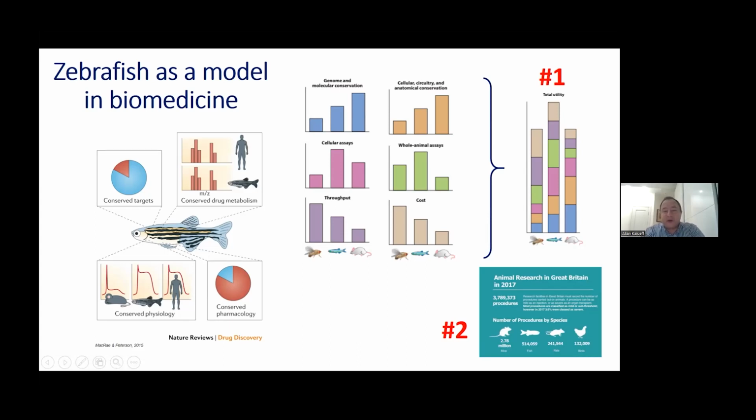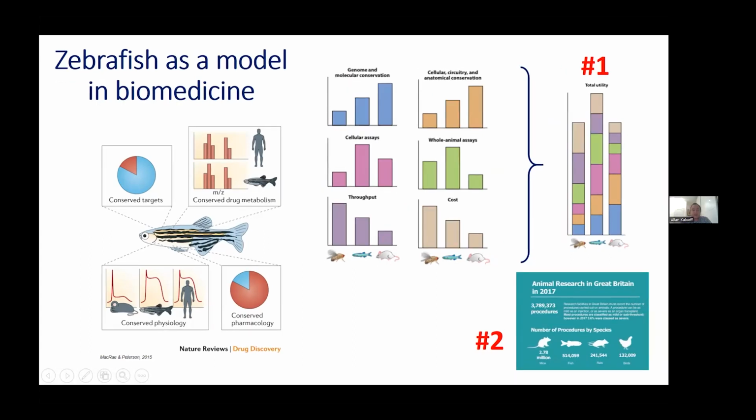So zebrafish is currently second after mice most used in biomedicine based on the number of animals used in research. As a model species, it has multiple utilities, multiple aspects that allow us to use it as a model species. It's relatively inexpensive.